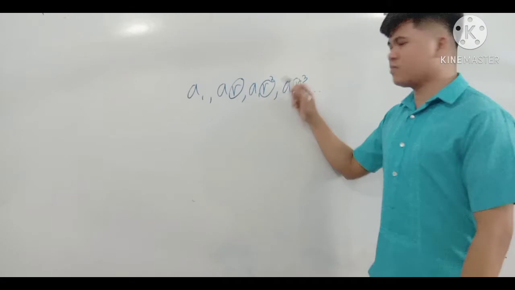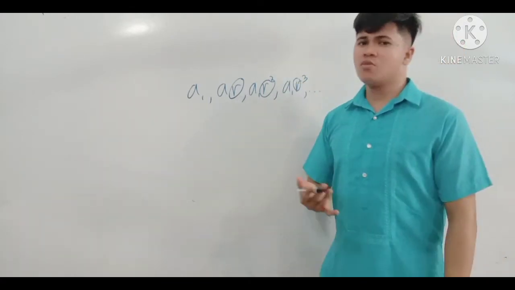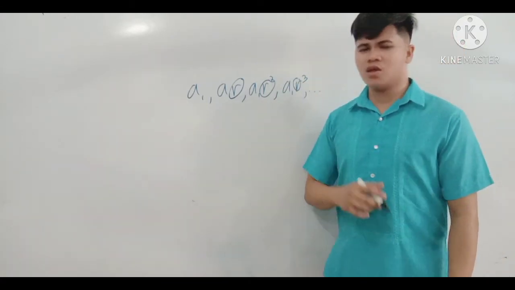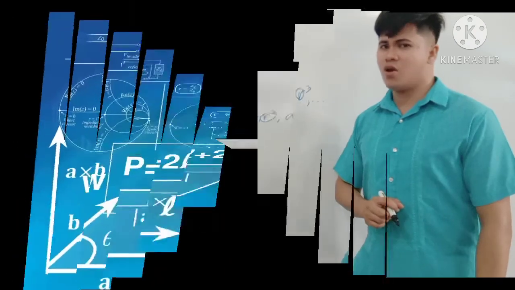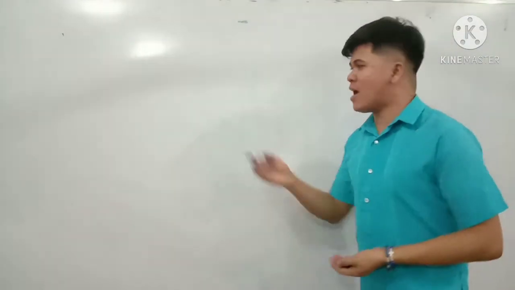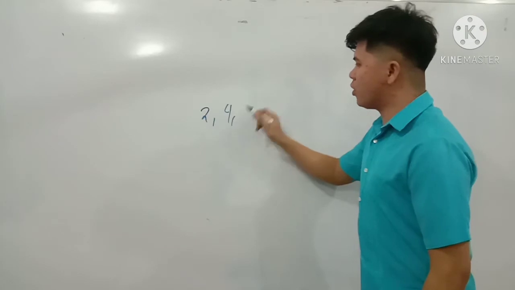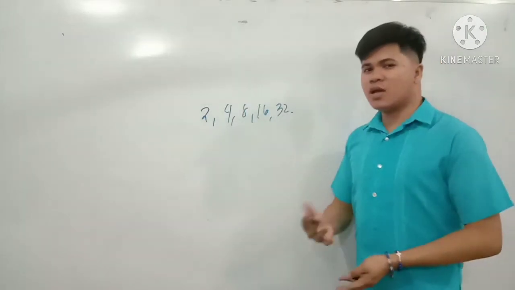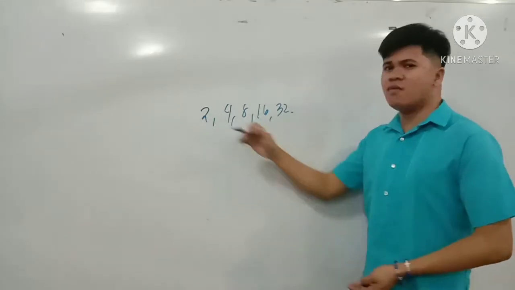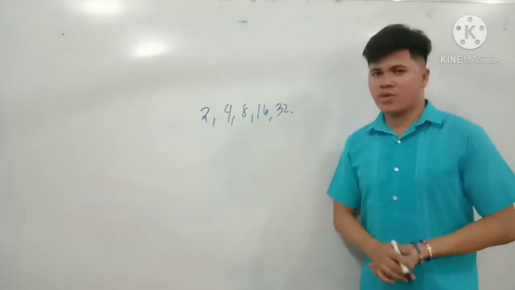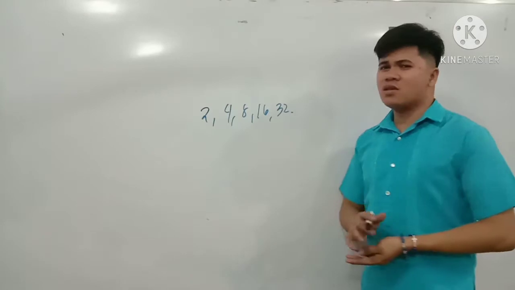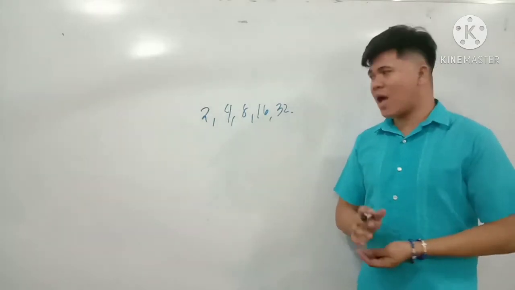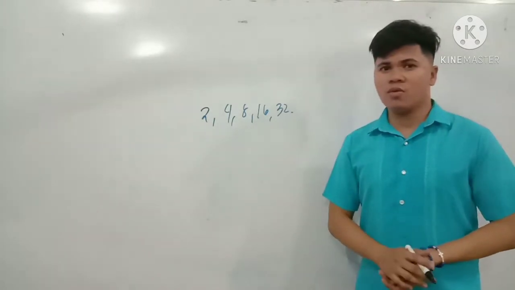Now I will show you some examples of a sequence, then let's find out if it has a common ratio. Let's say we have 2, 4, 8, 16, 32. Again, we're going to determine if this given sequence is geometric. A given sequence is said to be geometric if it has a common ratio.